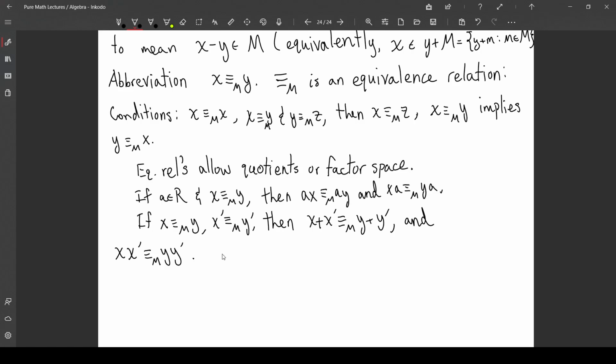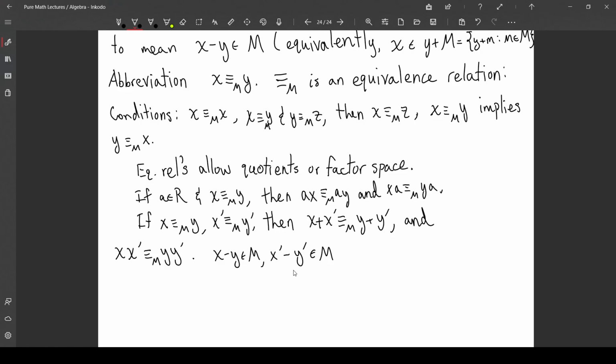So let's say we have x minus y is in M, x prime minus y prime is in M. So now I know you can't just multiply these things.